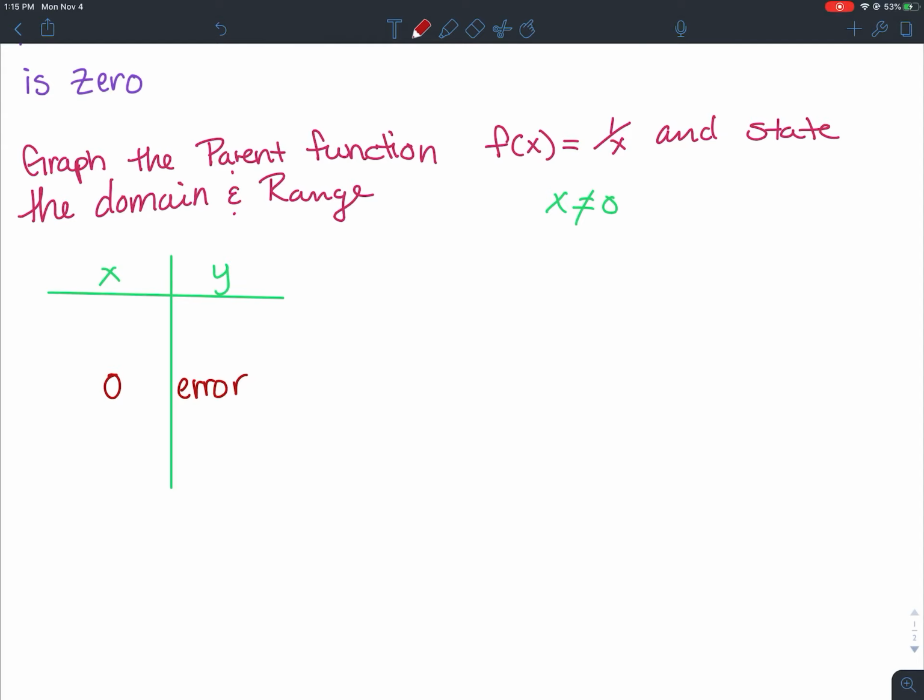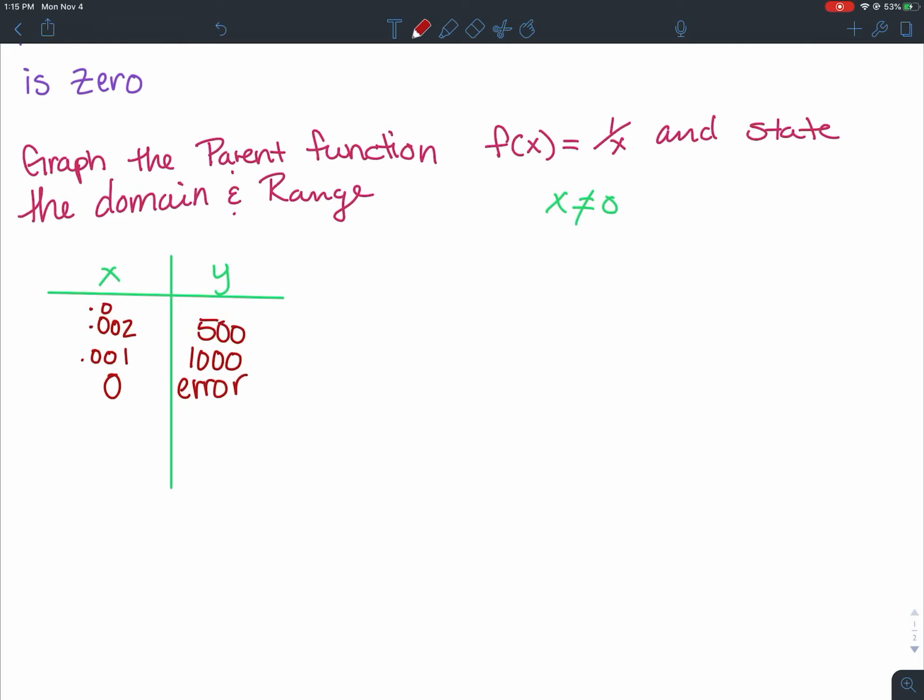If I type that in the calculator, it would be an error. I want to look at values on the other side and see what's happening. If I plugged in 0.001, that's 1 over 1,000, and 1 divided by that equals 1,000. If I plugged in 0.002, that's 1 over 500, so it would be 500.